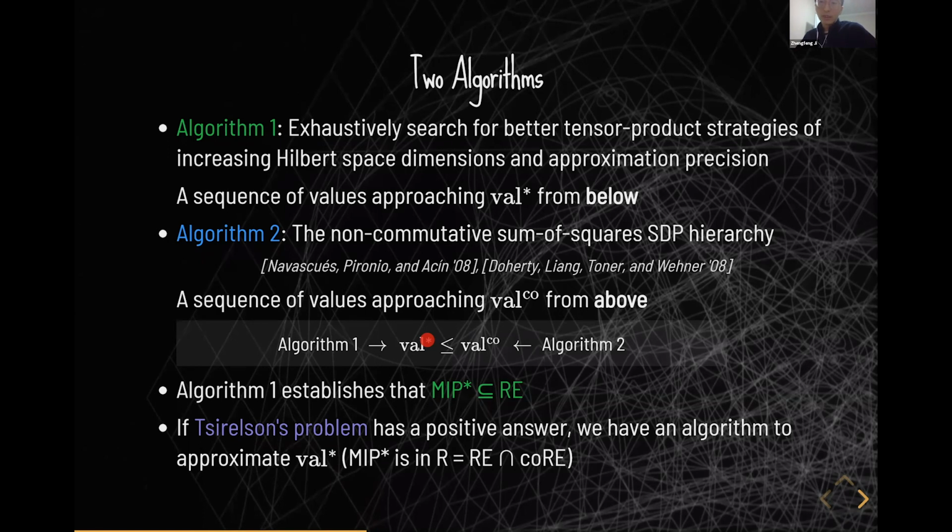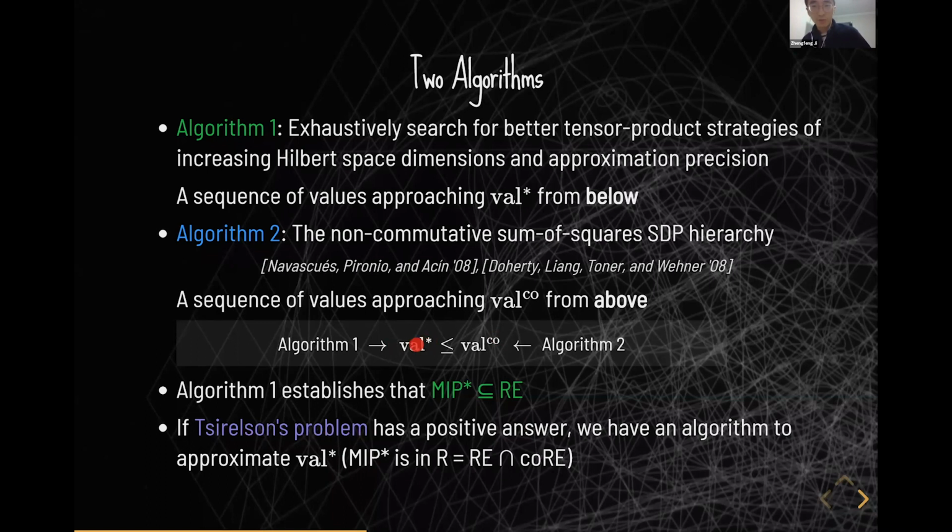The definition of the value star is the supremum over all finite dimensional strategies. That's how it's defined. But nevertheless, we can see consequences because of these known connections that were previously known in the literature. If Tsirelson's problem has a positive answer, then we know that this value is decidable.